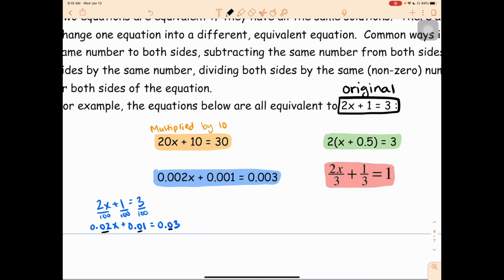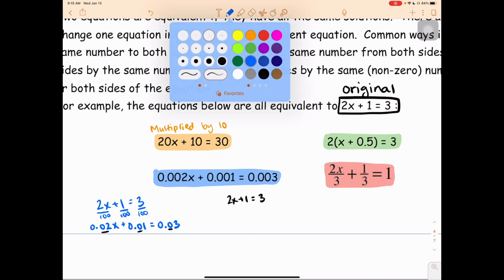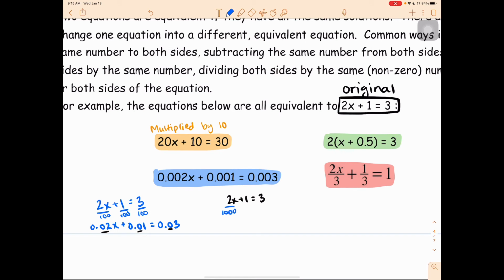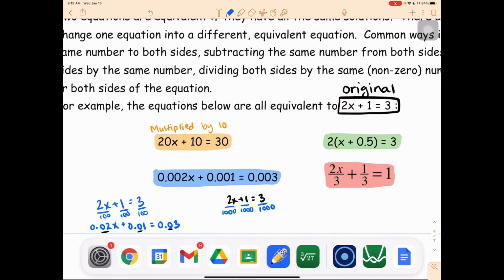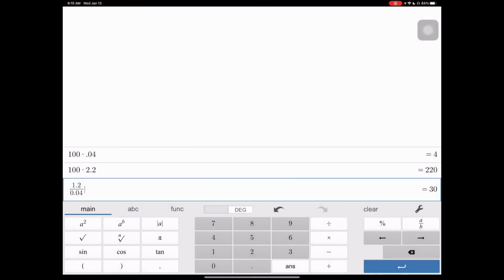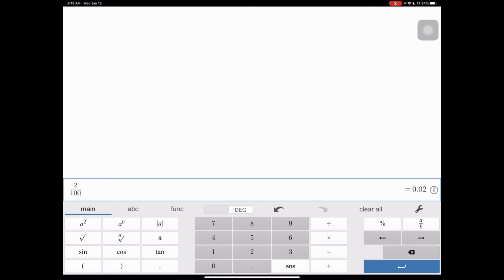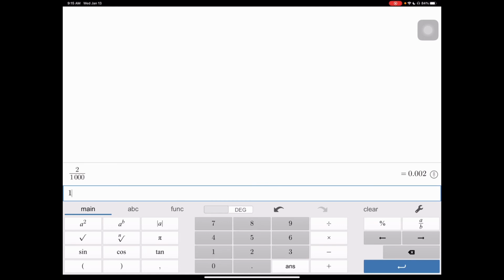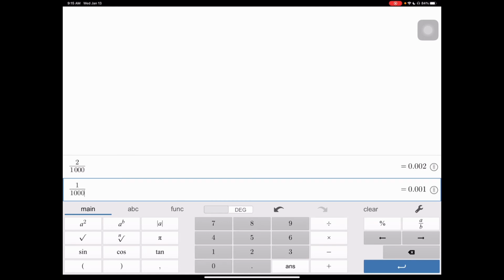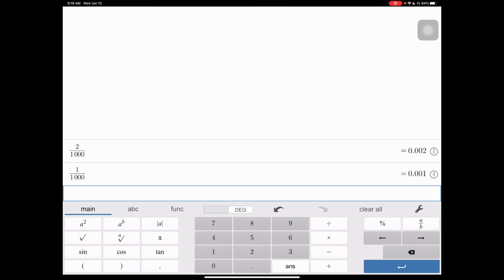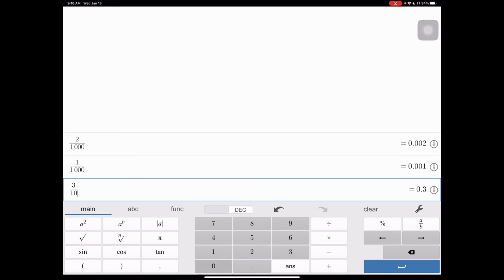Okay, so if we had the original equation and we divided each piece by 1,000, we used a calculator to look at that. So if we have 2 divided by 1,000, we get 0.002. 1 divided by 1,000, we get 0.001. 3 divided by 1,000, we get 0.003.